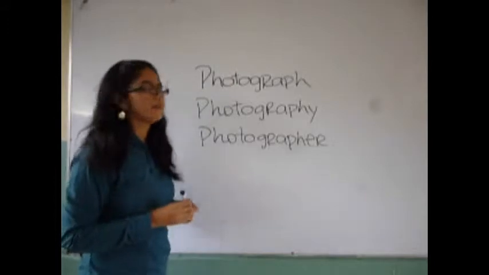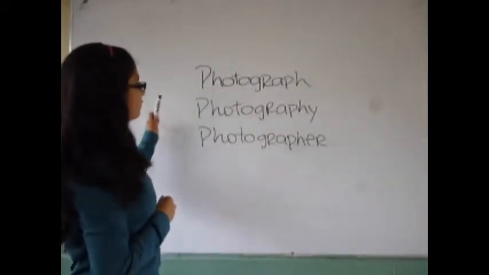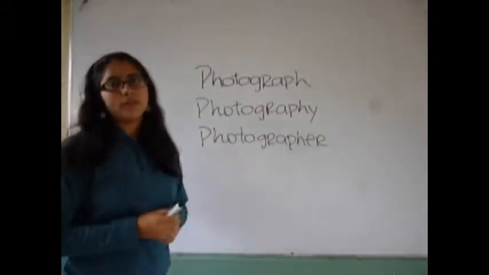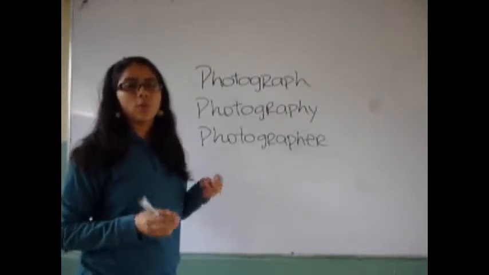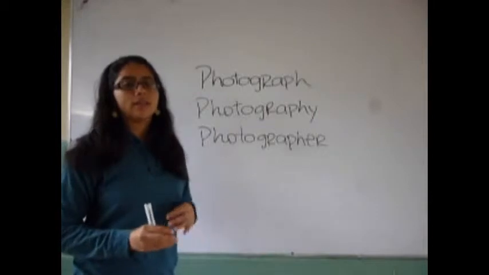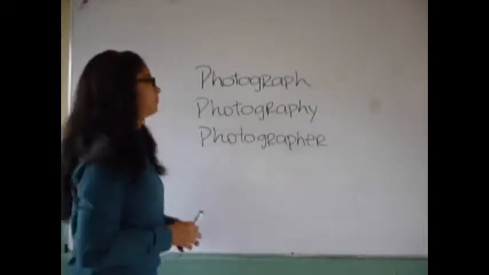Okay, we have photograph, photography, and photographer. Do they sound the same when spoken? No, because we accentuate one syllable in each word, and it is not always the same syllable.